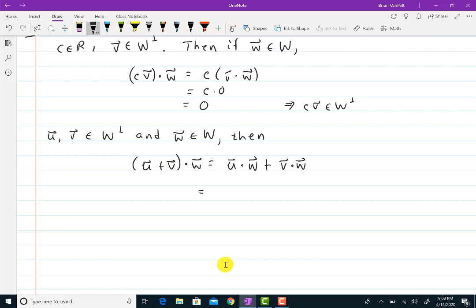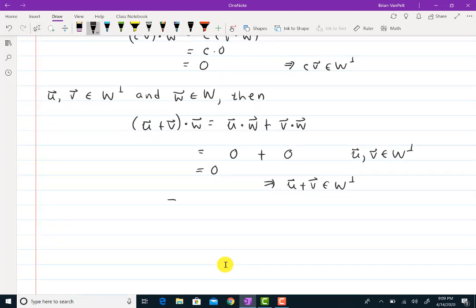But u is in W perp, so you get 0, and v is in W perp, so you get 0 for both of those. This is because u and v are in W perp, and that ends up being 0. So this implies that u plus v is in W perp. So this implies W perp is a subspace.